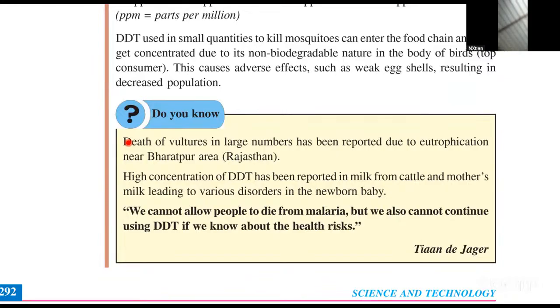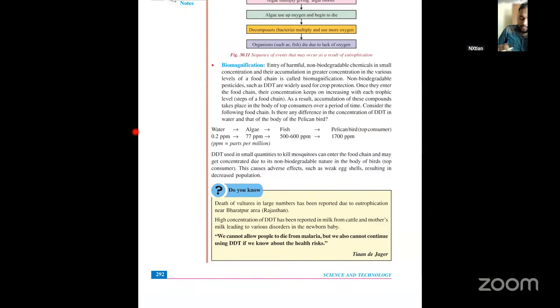Yeah, I guess this is not correct. It's biomagnification, not eutrophication. It's not called eutrophication, because eutrophication is related to aquatic systems. Like we learned, the aquatic algal bloom is there, the aquatic algae is there, but the vulture only feeds on dead and decaying animals. They never kill, they never hunt. Understood? So I think it's not correct. We'll check it out more.